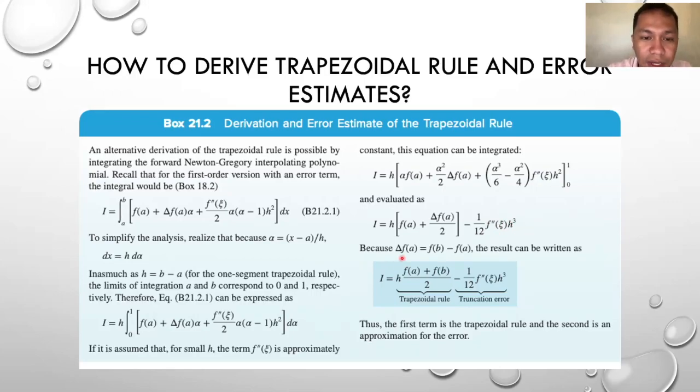Because delta fa is equal to fb minus fa, the result can be written as h times fa plus fb over 2 minus 1 over 12 f double prime xi h cubed. Thus, the first term is the trapezoidal rule and the second term is the approximation error.